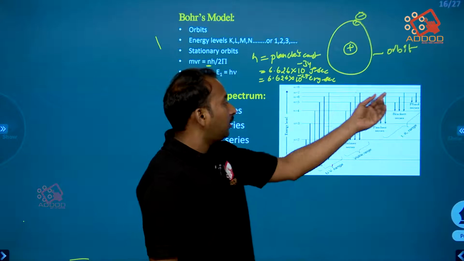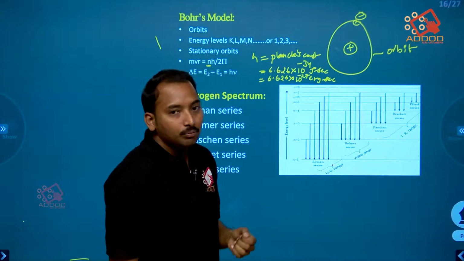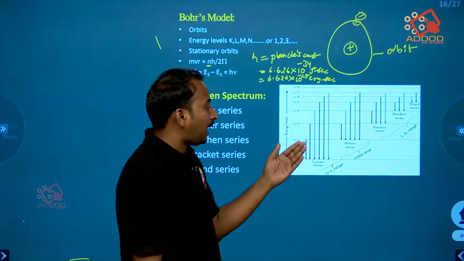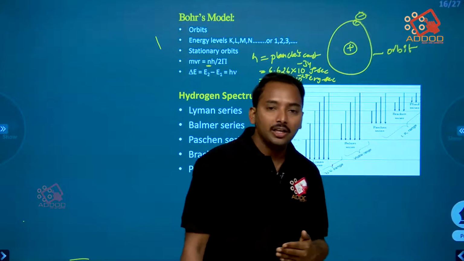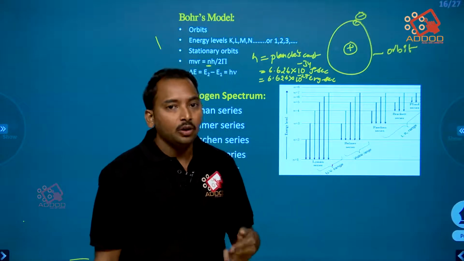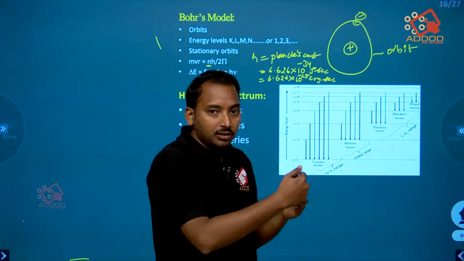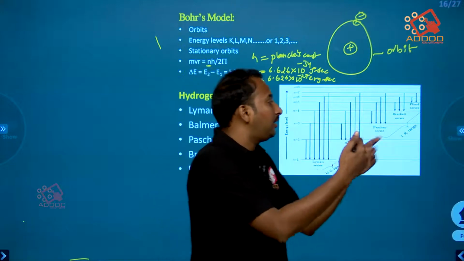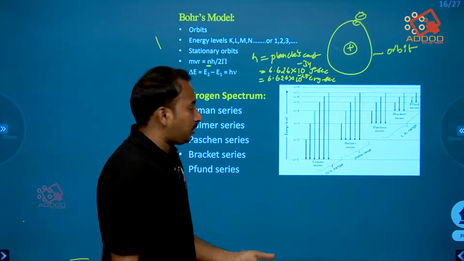And next, the electron drops from a higher orbit to the fourth orbit, that series is called the Brackett series. And next, fifth orbit is the Pfund series. These Paschen, Brackett and Pfund series appear in the IR region, the infrared region. The Paschen series appears in the near IR region, the Brackett series appears in the middle IR region, and the Pfund series appears in the far IR region.